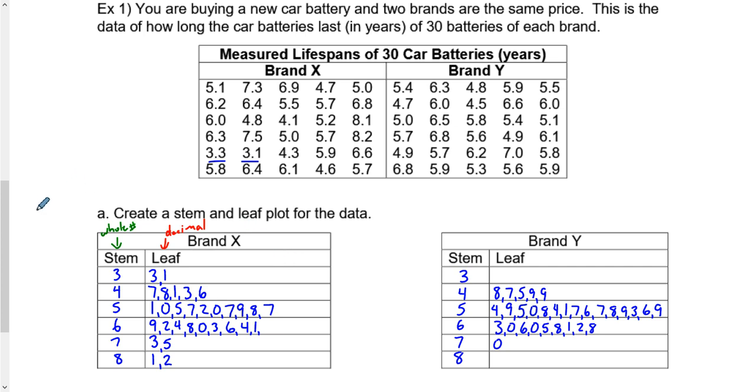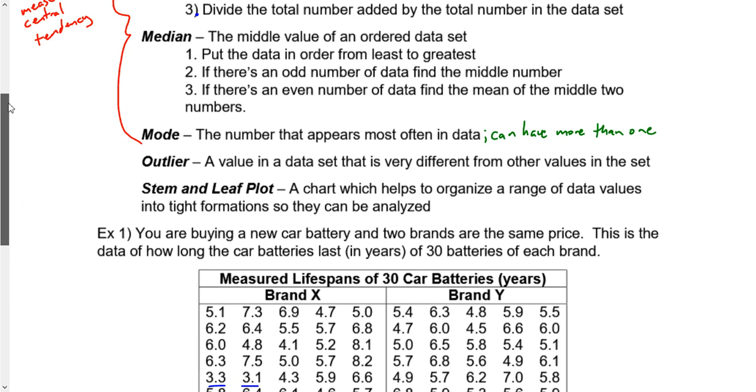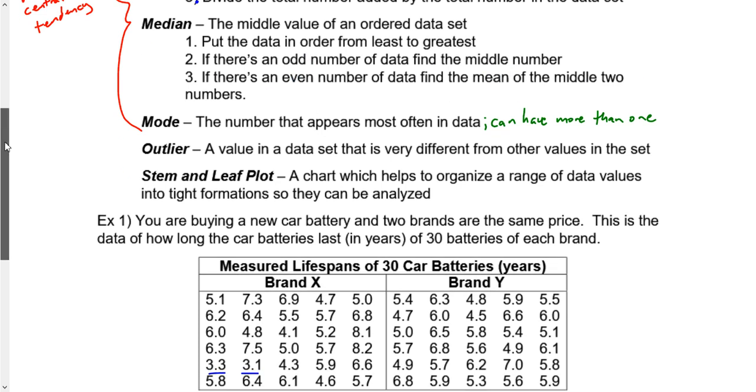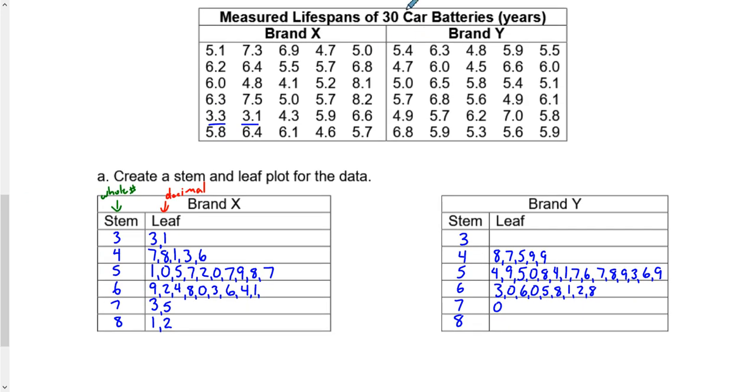Just like if I wanted to find out my median, if I have 30 car batteries, and by definition, the median, there's an even number of data, we're going to have to find the mean of the middle two numbers. So to split 30 in half, we'd have to find out what is the 15th and what is the 16th number. Well, the great thing is on a stem and leaf plot, we can organize it just as it is.